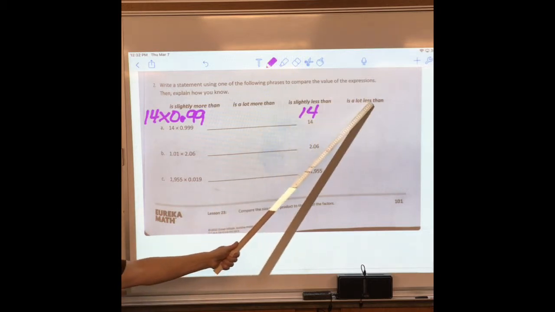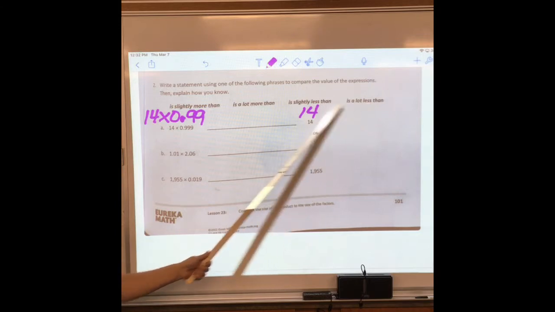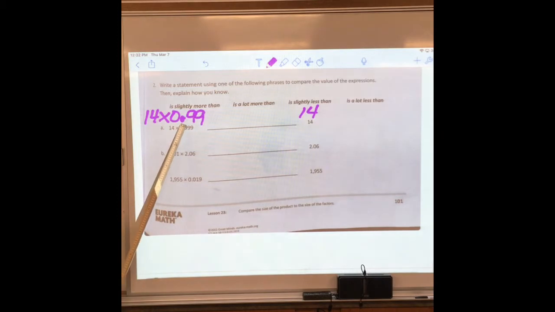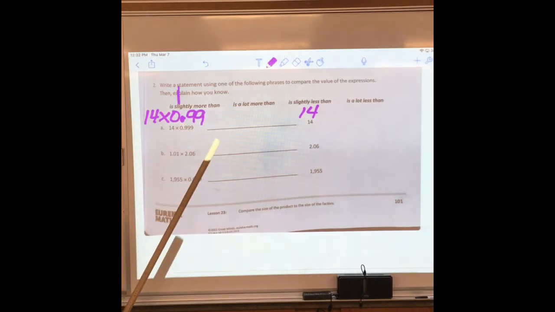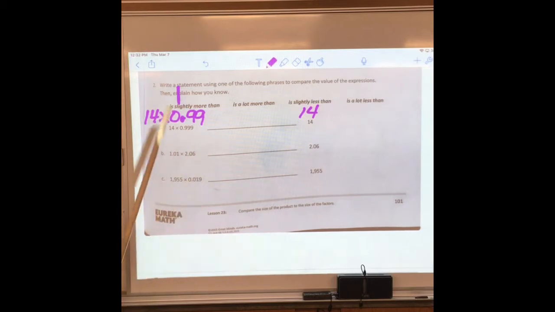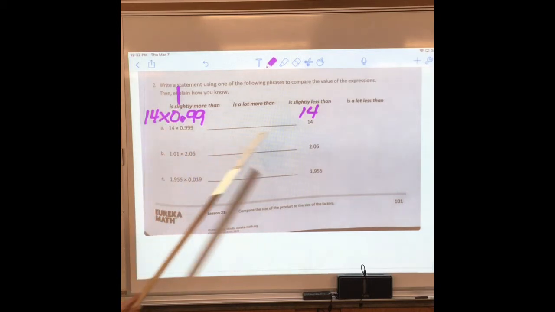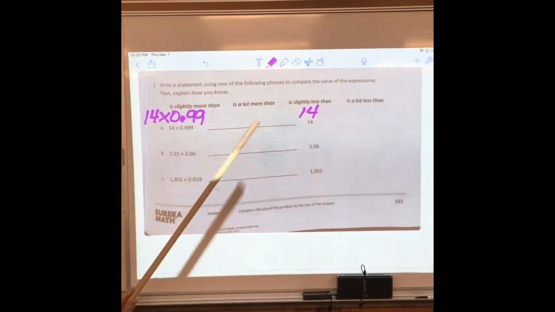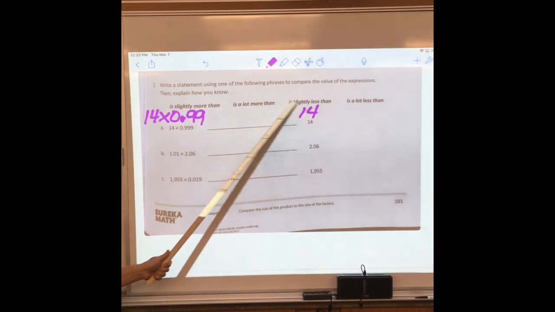Or is it a lot less? Which one of these is it? Well, 0.99 is close to what? It's really close to 1 whole, isn't it? Really close. So would it be a lot smaller? No, it wouldn't be. What would it be? It would be slightly less.